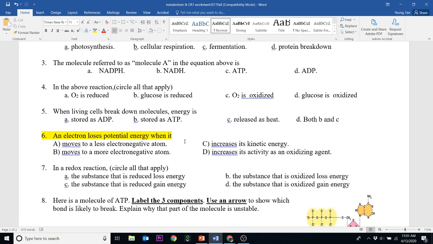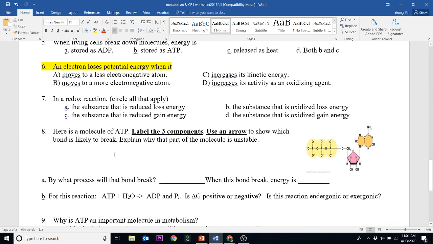So an electron will lose potential energy when it moves to a less or more electronegative element. Right? Do you guys know which one?